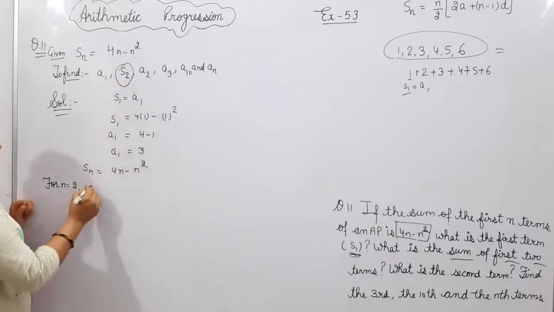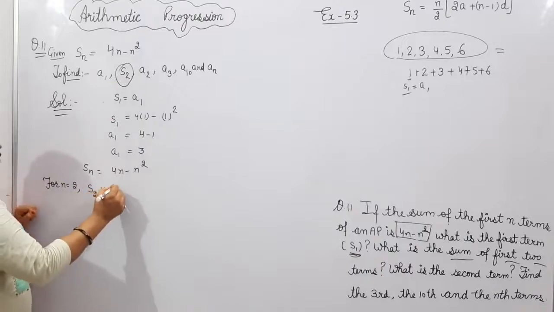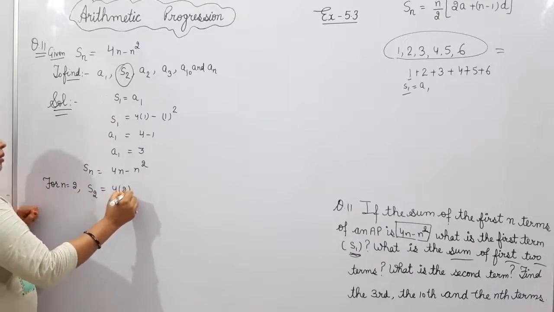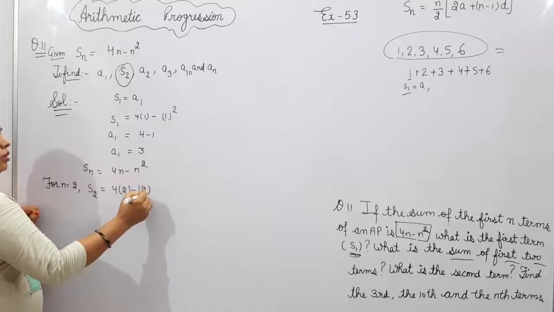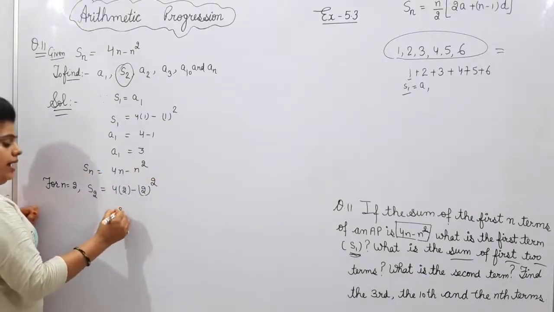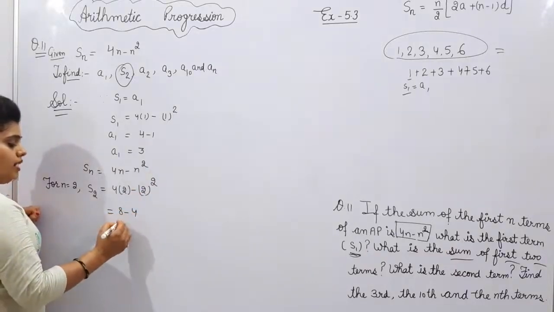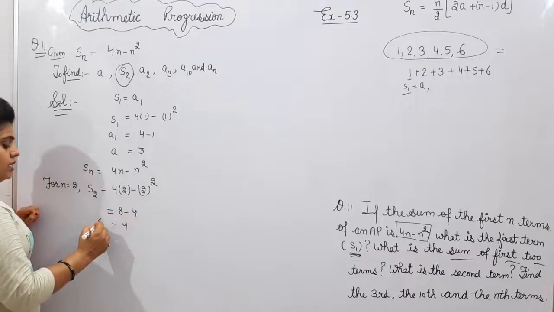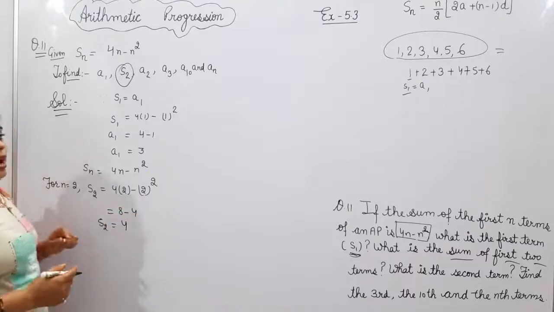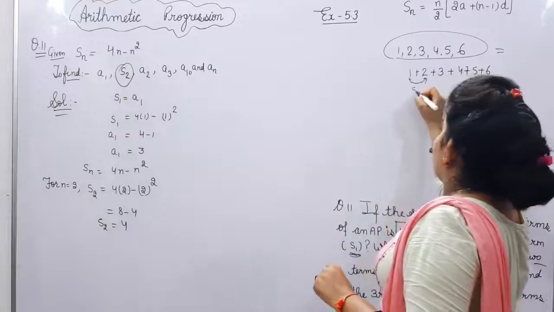Then S2 will equal to 4 into 2 minus 2 square. Means 4 2s are 8 minus 2 square 4. 8 minus 4 is 4. This is S2. अब हमें यहाँ पर फर्स्ट टू टर्म्स का सम मिल गया है S2.